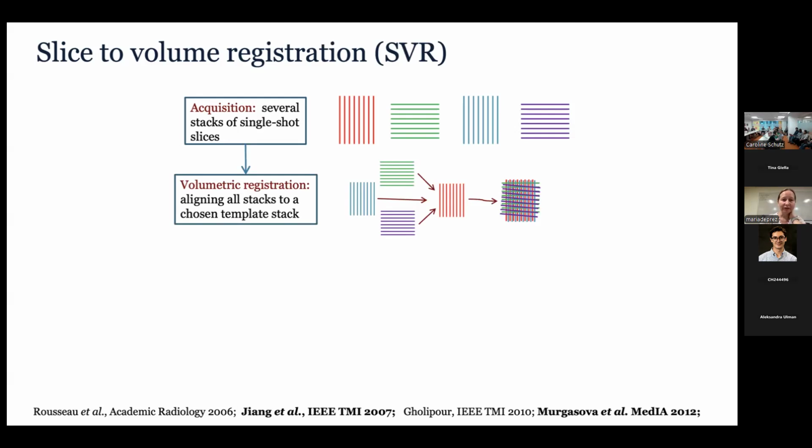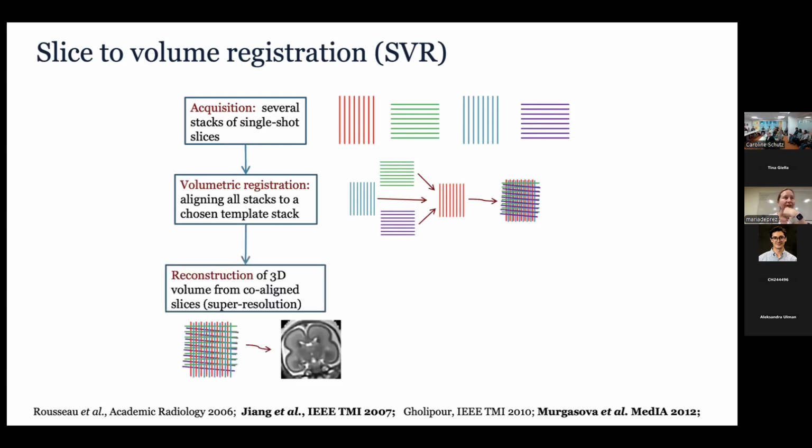So we have first volumetric registration. So we select one of the stacks, hopefully a good one that is not too much motion corrupted, and we just align the stacks as if they were volumes. And then we reconstruct 3D from that. It won't be very beautiful 3D, it will be blurry and a bit messy, but registration can work with something not perfect.